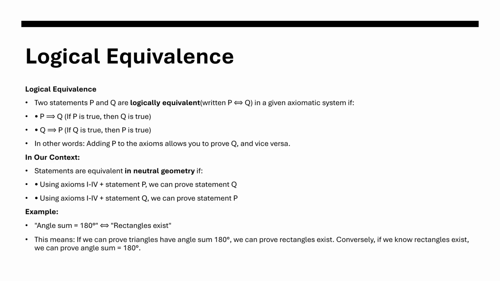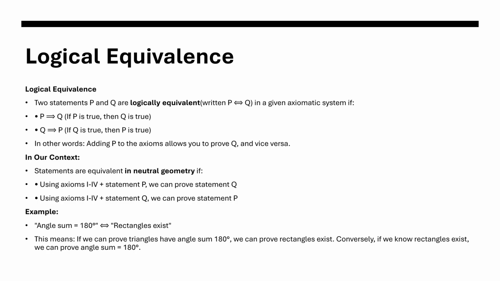This means if we can prove triangles have the sum of 180 degrees, we can prove a rectangle exists. Conversely, if we know a rectangle exists, we can prove the angle sum is equal to 180 degrees.